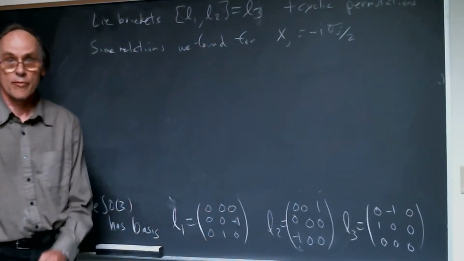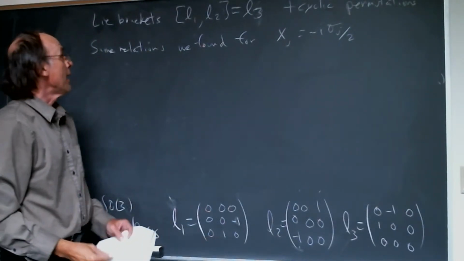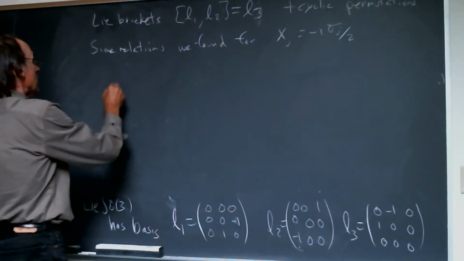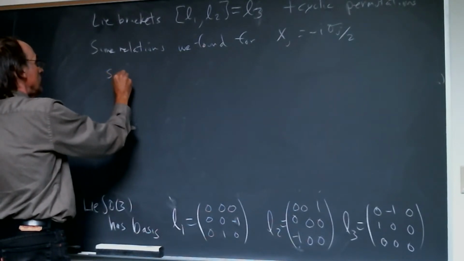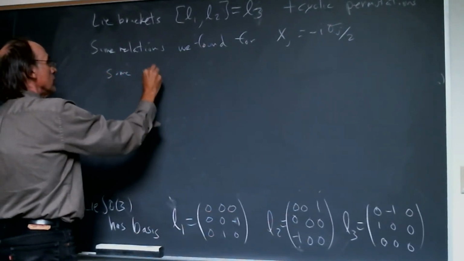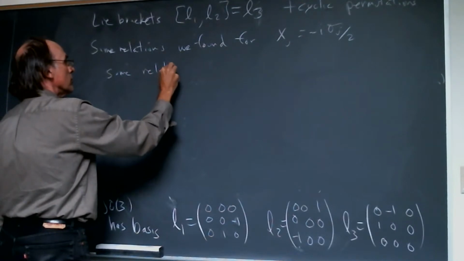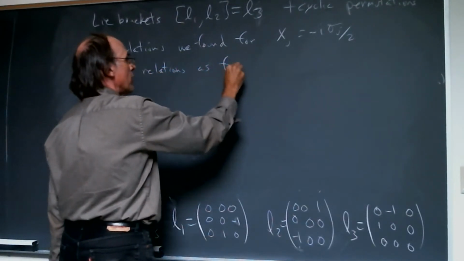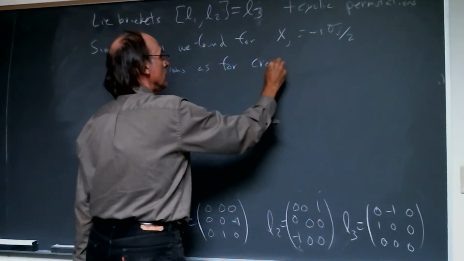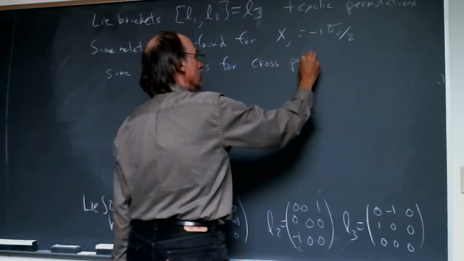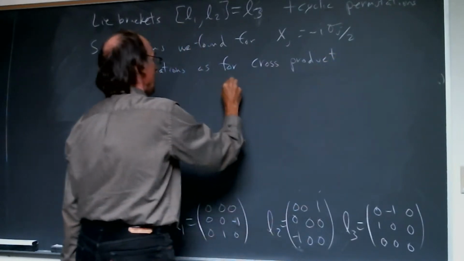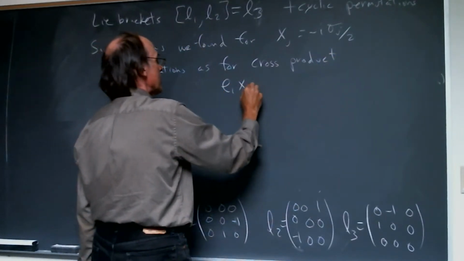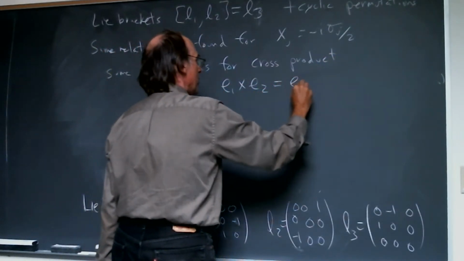Okay. And it's also the same relations as for the cross product: E1 cross E2 is equal to E3.